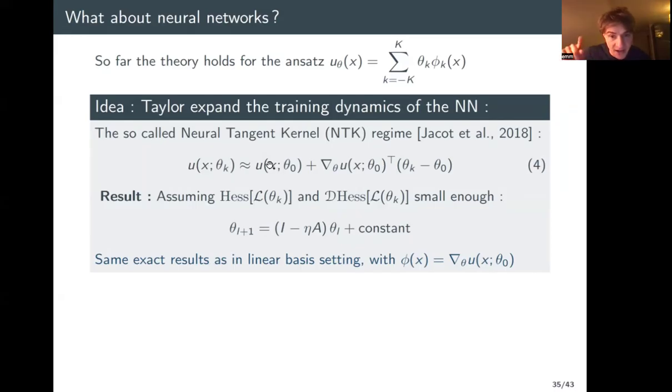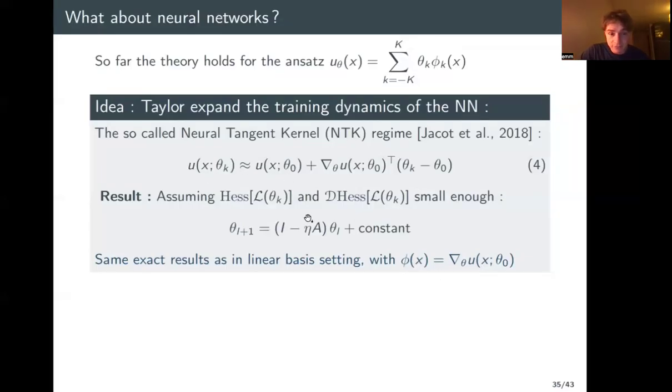So what we obtain at the end is not a linear approximation in the input, but it's saying essentially that we start from some parameter theta, and then our parameters evolve in parameter space linearly.